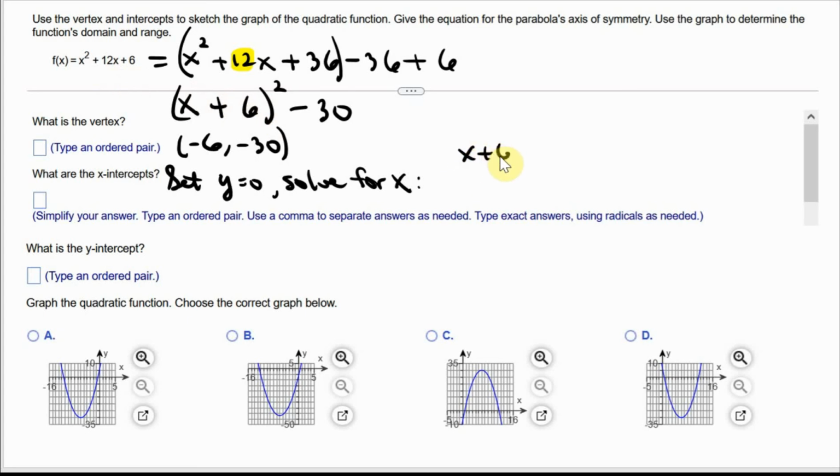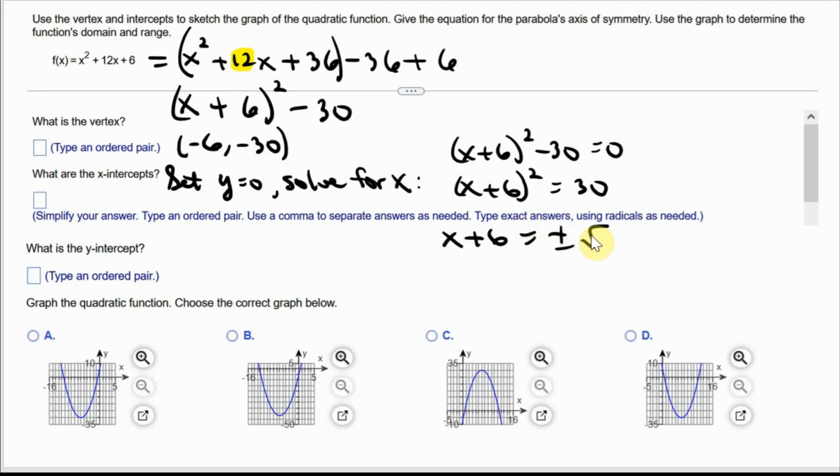So I have x plus 6 to be squared minus 30 equal to 0. So I get x plus 6 to be squared is equal to 30. Take the square root of both sides. X plus 6 is equal to plus or minus the square root of 30.